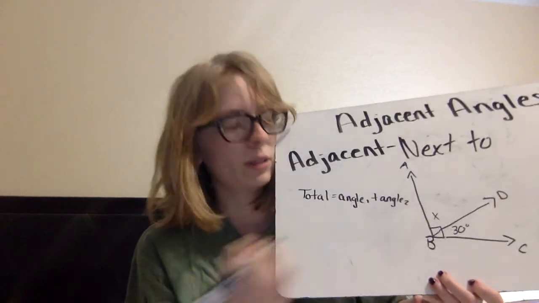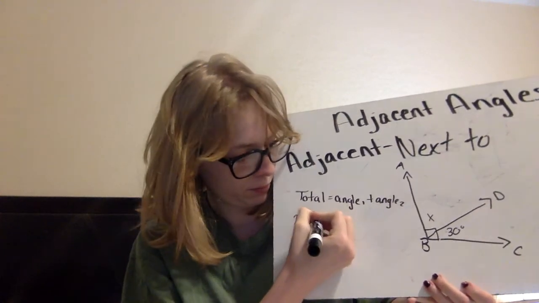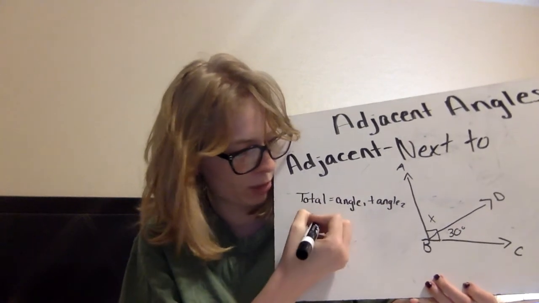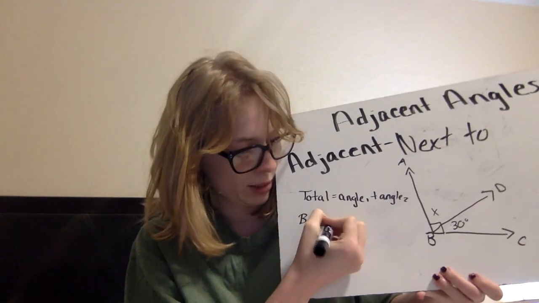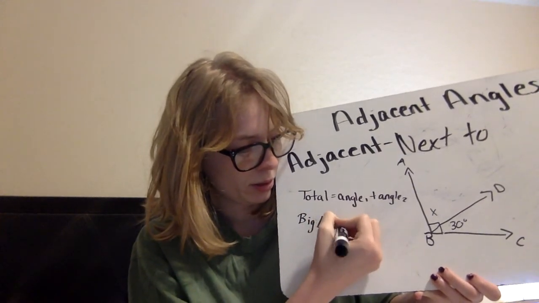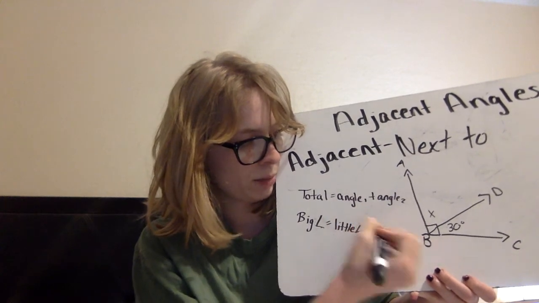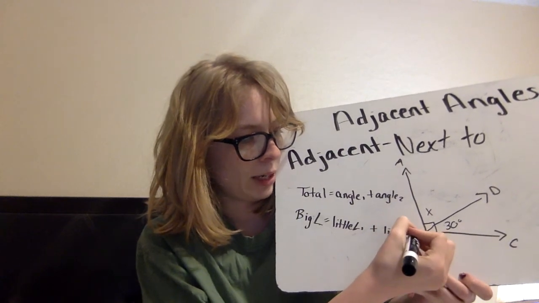Or I could say big angle, and you know what, we're going to just do the angle sign because I'm tired of writing out the word angle. So big angle equals little angle 1 plus little angle 2.